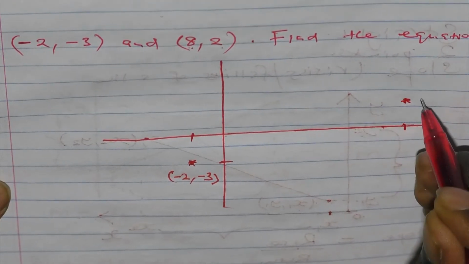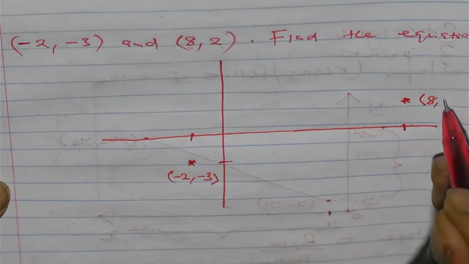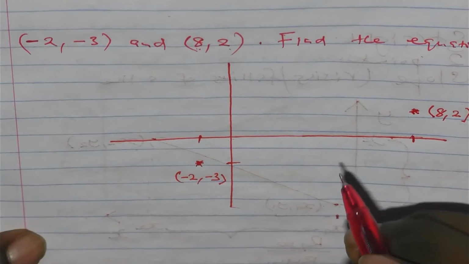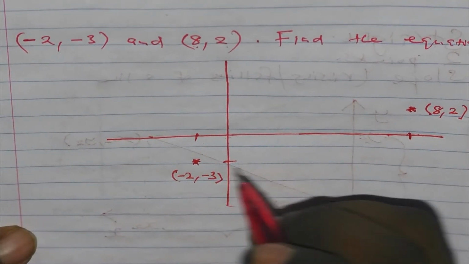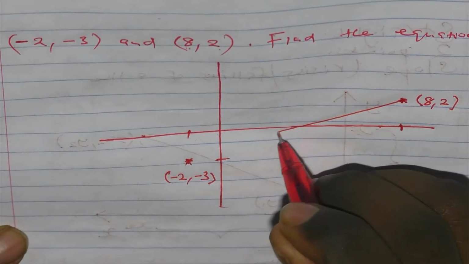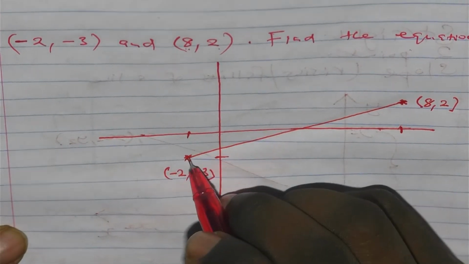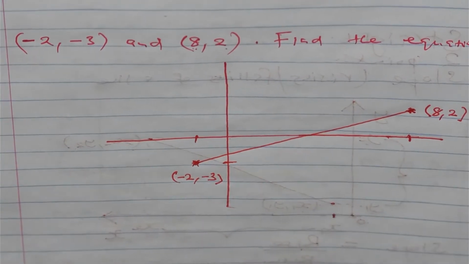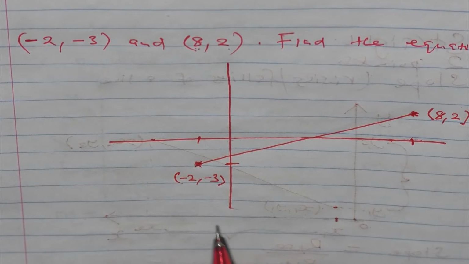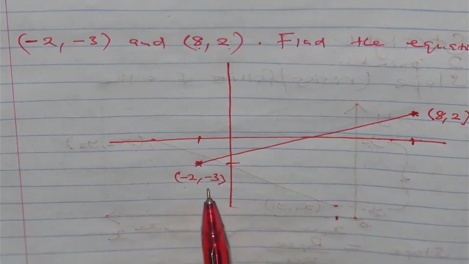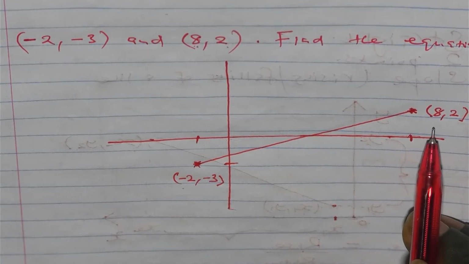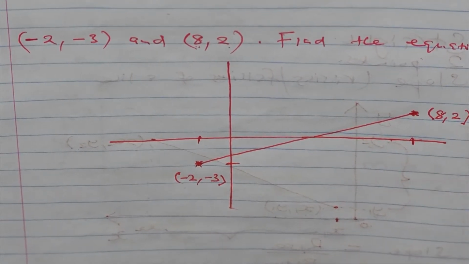So we have our point (8, 2), right? I don't have a ruler here, so let me just join them by hand and hope that it works out. Okay, so that's our line, right? We have our line at point (-2, -3), and we have it at point (8, 2), right?